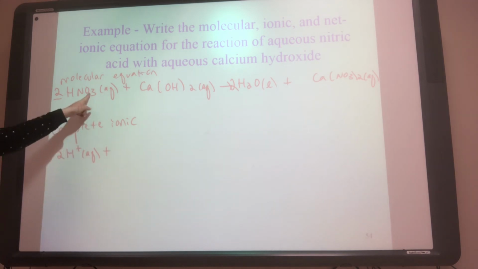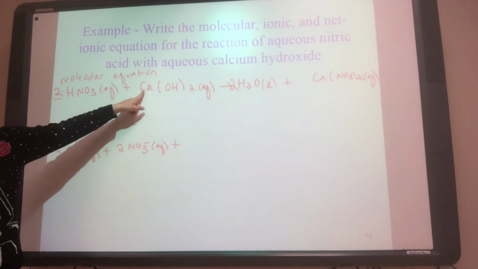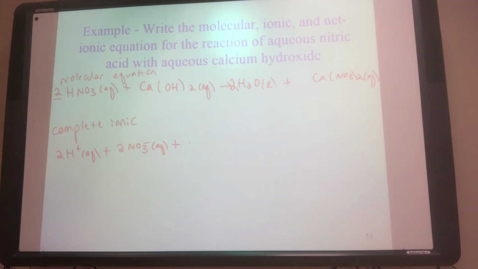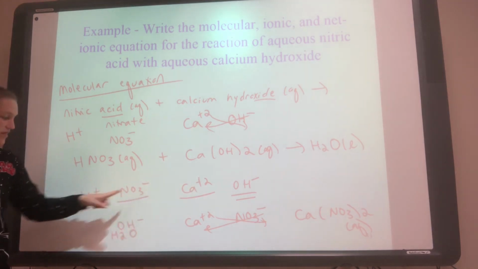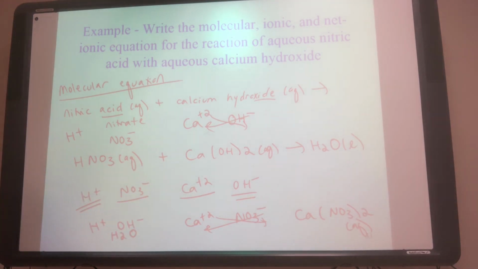This is going to be my NO3, but there's 2, so 2 NO3s. I'm going to have 1 Ca, and he's a plus 2. I have 2 OHs, OH minus, AQ, because remember, you have them all here. So you don't have to really rethink about what the charges are.